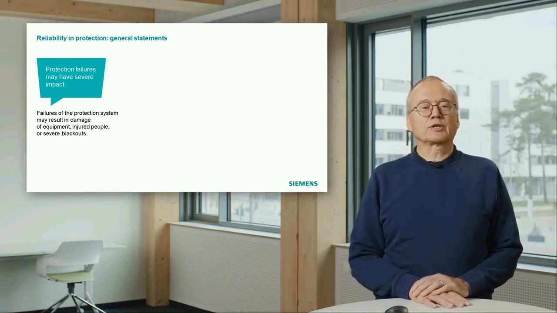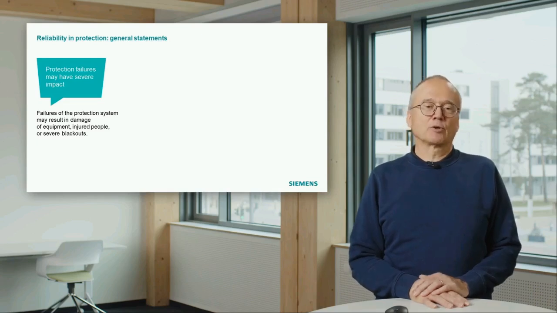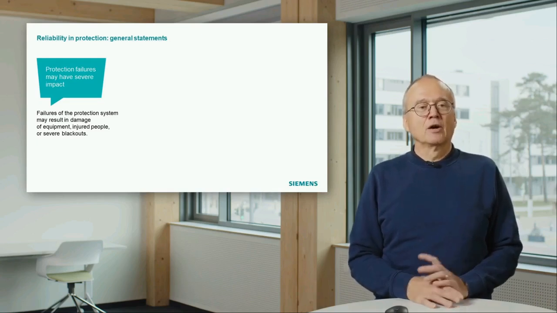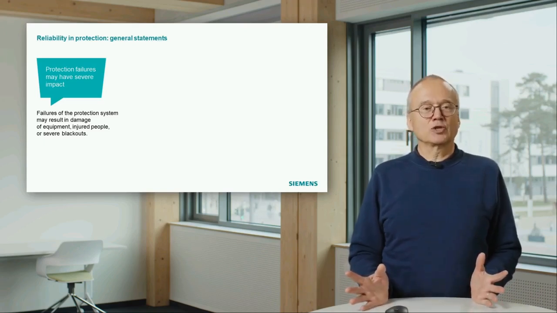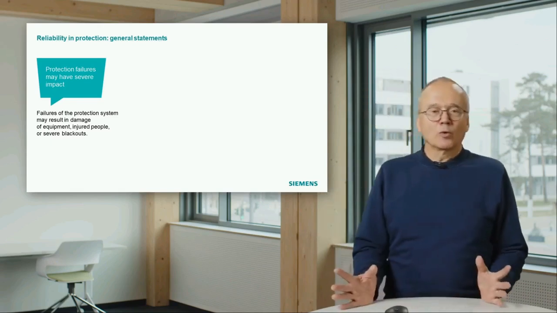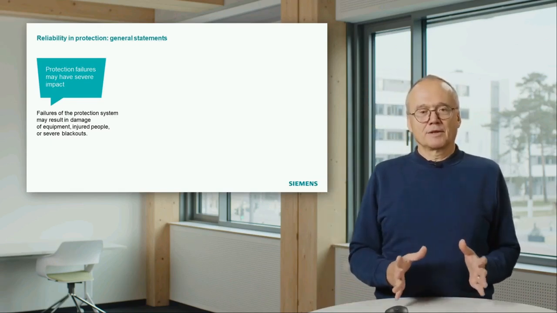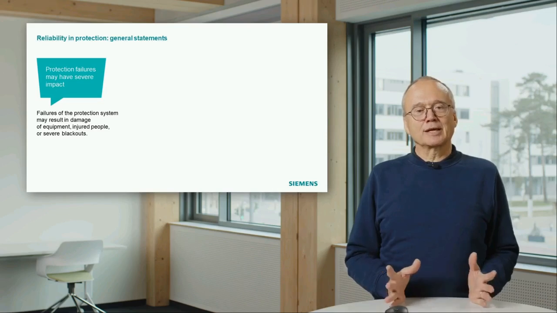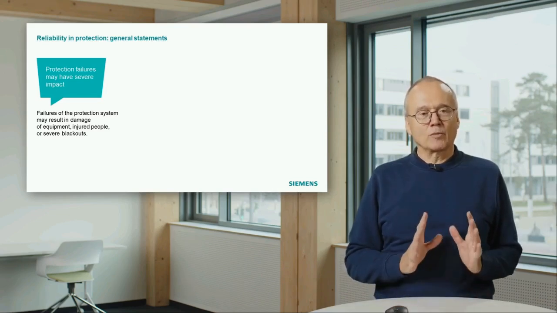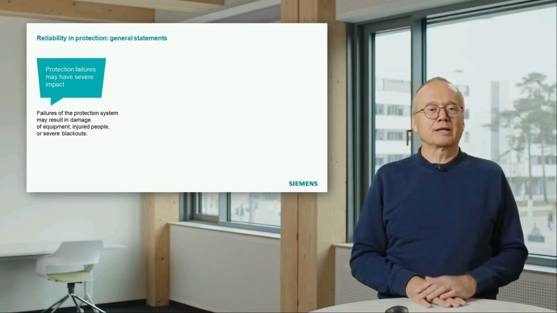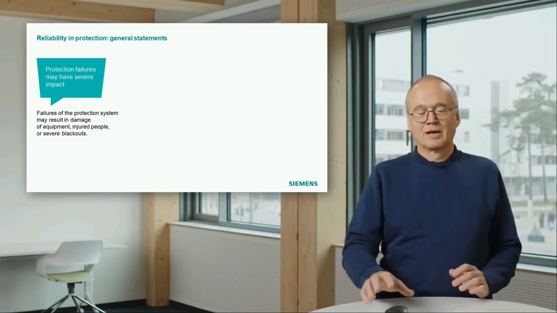So you as a protection engineer may become famous because the whole city is dark. It can also result in damage of equipment. It can result in injured people or whatever. That means the technology we are dealing with here is not a gaming thing. It is a thing where we have to pay severe attention that it really works.